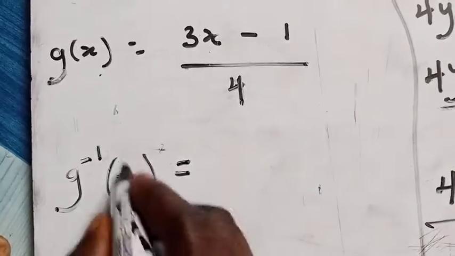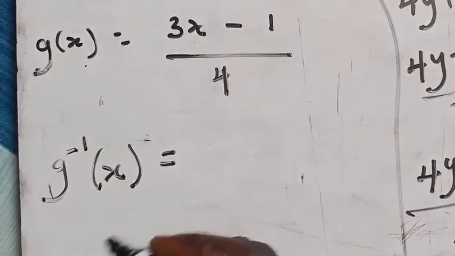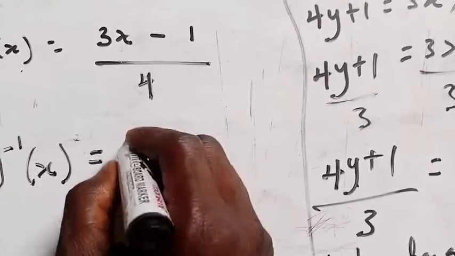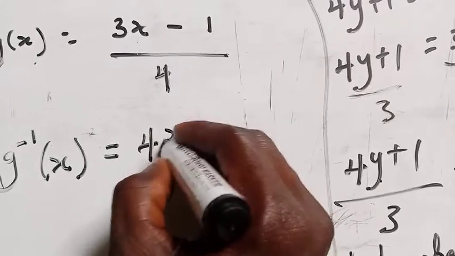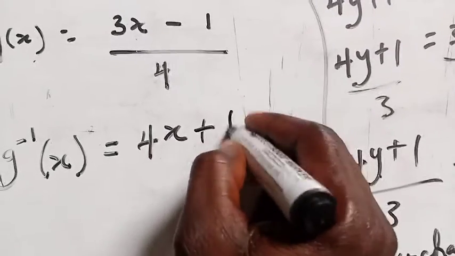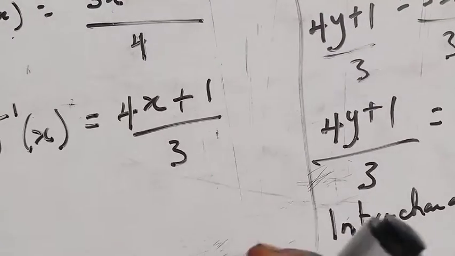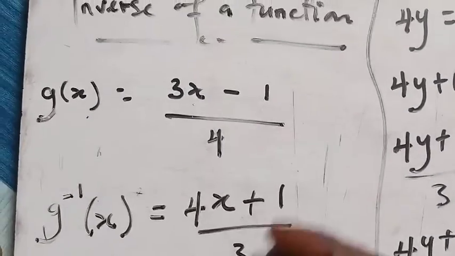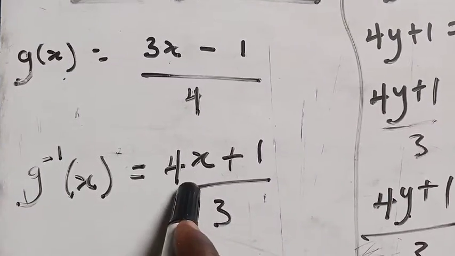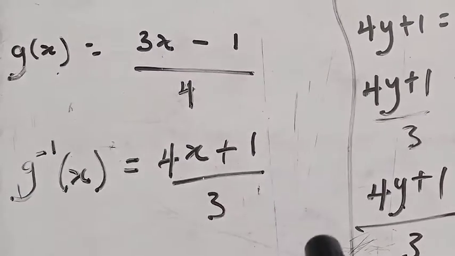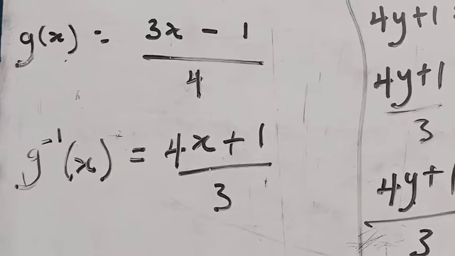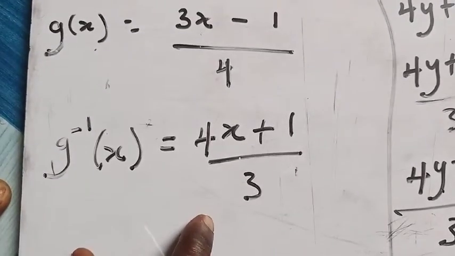So this is the formula that the guy is going to take us back home. That is equal to 4x plus 1, everything divided by 3, right? So the inverse function of this one here is going to be 4s plus 1, everything divided by 3. So this is just the inverse of a function.